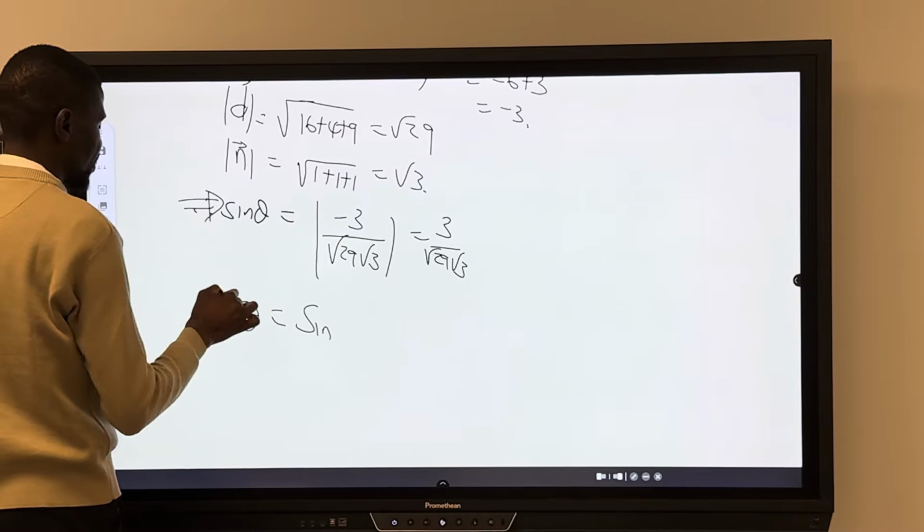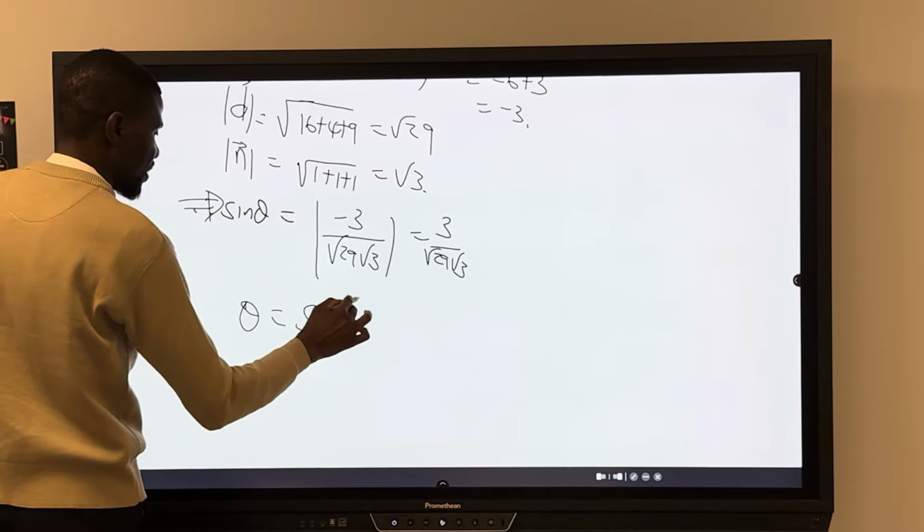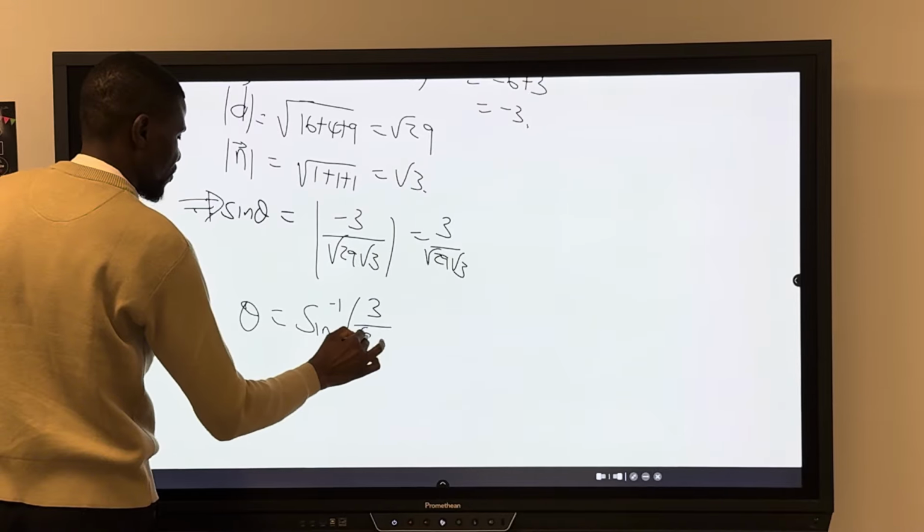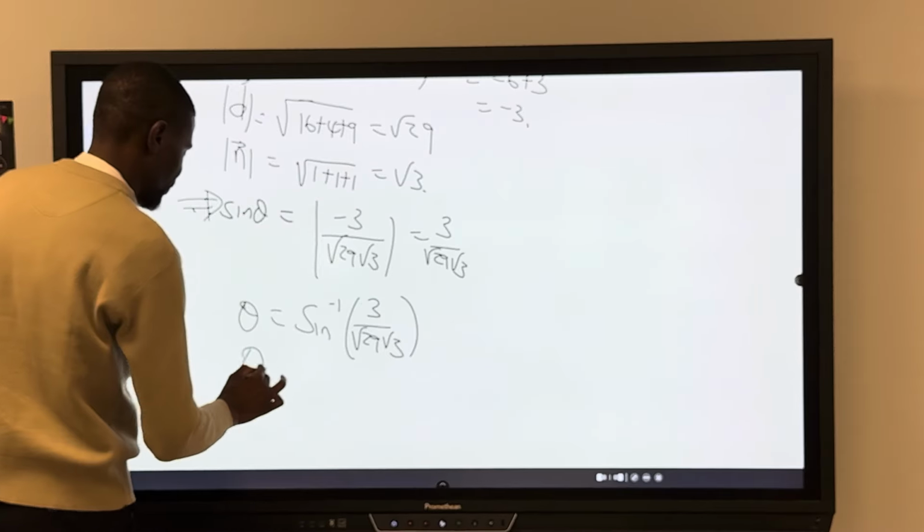So the acute angle is going to be arc sine of 3 over root of 29 root of 3, right?